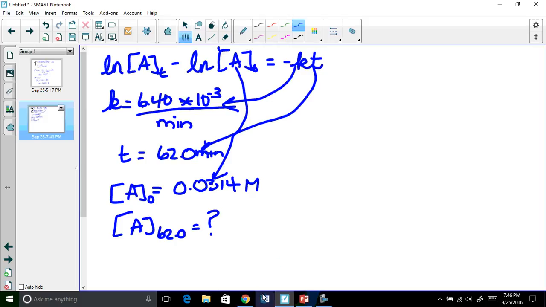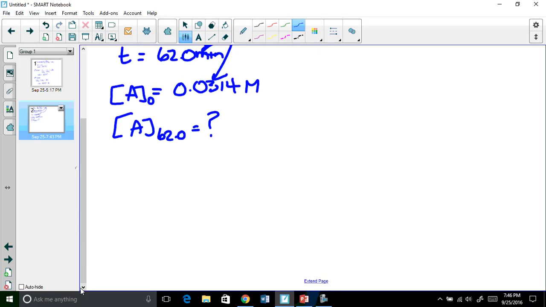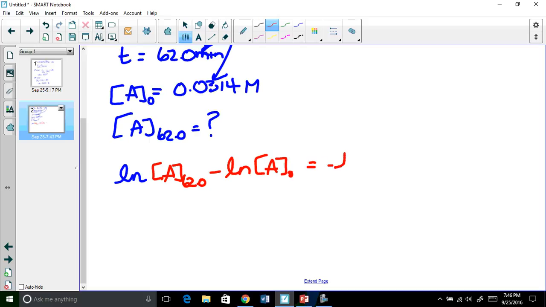And so now you're going to let the calculator do a lot of the work, because the first thing we got to do is, the rule in chemistry is that you always have to solve the equation for the variable you're looking for. So if you take this equation again, the ln of A at 62 minutes minus the ln of the concentration of A in the beginning equals negative kt.